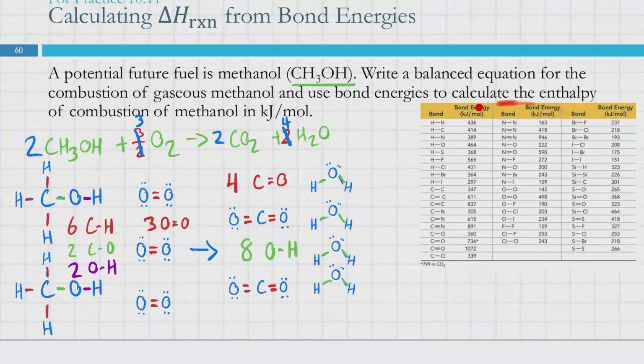So we need to take our bond energy table. We need to find our CHs, our COs, our OHs, our O to O with double bond, our C to O with double bond, our O to H. We're reusing the OH. So our CH is the same as HC.